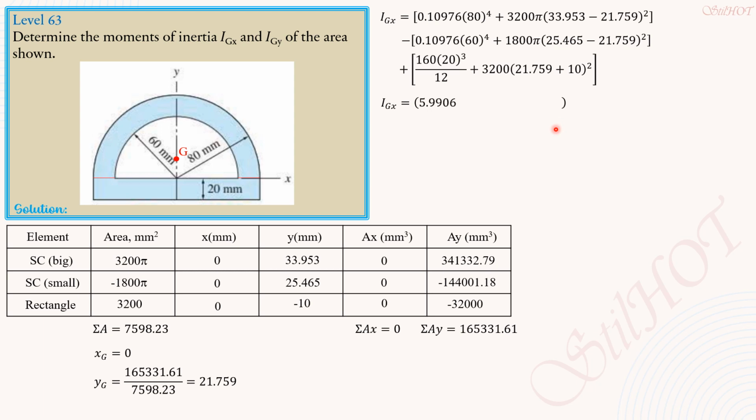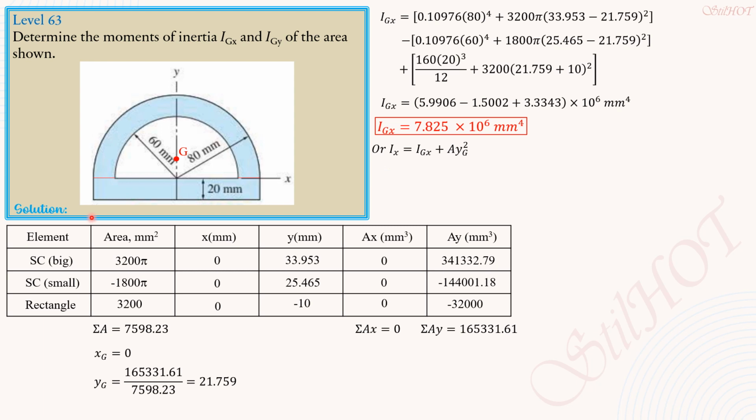Computing IGX equals the first term times 10 to the 6 is 5.9906, second is negative 1.5002, the third is 3.3343, then quantity times 10 to the 6. Combining, IGX is equal to 7.825 times 10 to the 6 mm to the fourth. Or we use IX equals IGX plus area YG square.